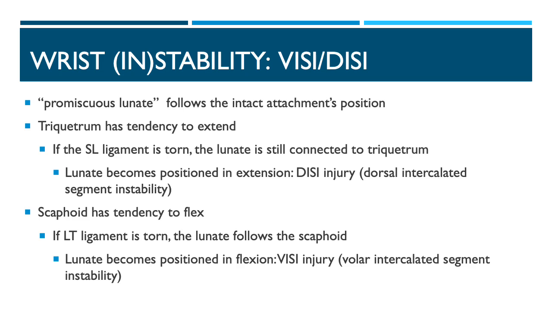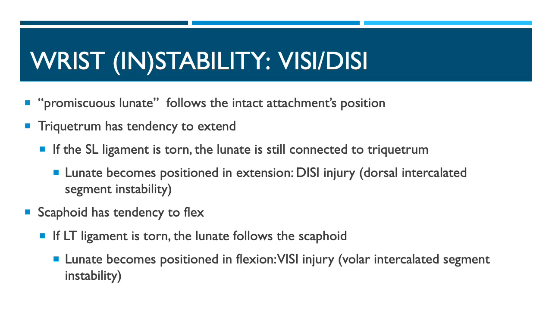The triquetrum tends to extend. The scaphoid tends to flex. The lunate sort of balances them out, and the connection between the SL and the LT ligaments keeps them all together. But if the SL ligament is torn, meaning the scaphoid is on its own, now the lunate is only attached to the triquetrum, the lunate will tip back into extension. It just goes, okay, triquetrum wants to do that, we'll do whatever you want then.